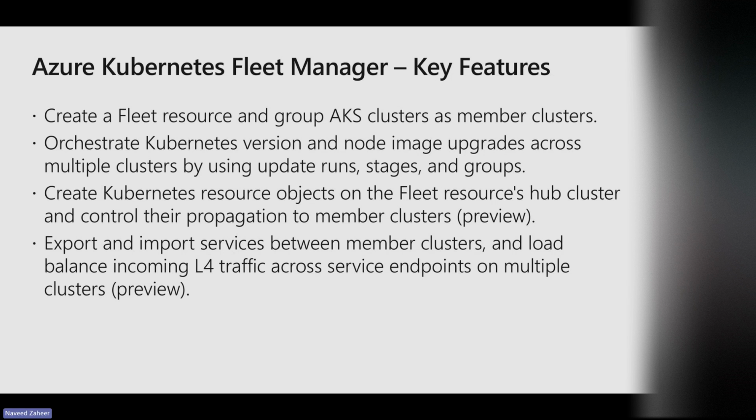The last thing you want to do is apply the update to all the AKS clusters at once, and then you may have issues in production. If you have an issue in test, then you can fix it and mitigate it, all that good stuff. That's where Fleet Manager comes into the picture, and it allows you to orchestrate those updates. It has certain concepts like stages, update groups, and runs, and we will take a look at that.